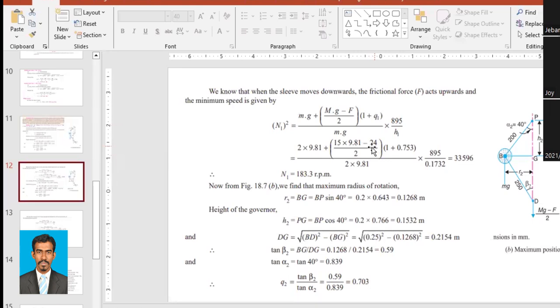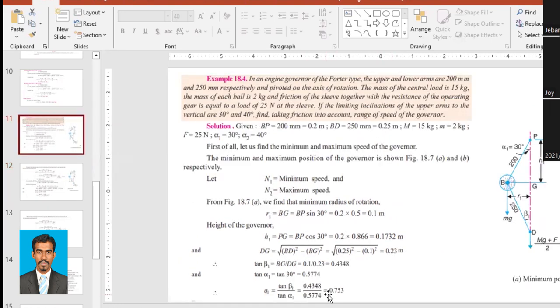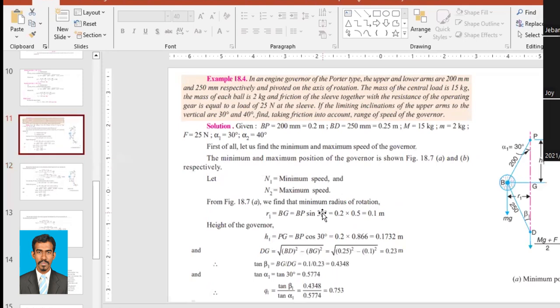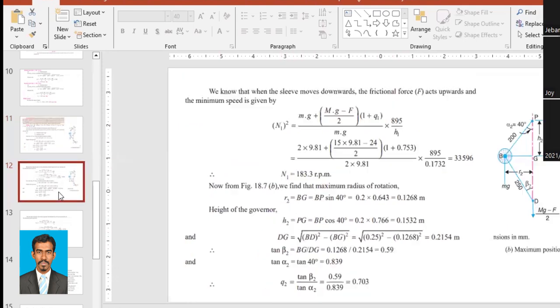Upon 2 into 1 plus Q, we have found it is 0.753, upon small m, that is 2, into g 9.81 into 895 upon small h1, which we have already found, 0.1732.